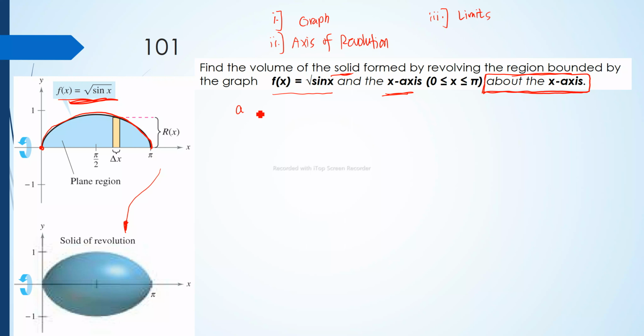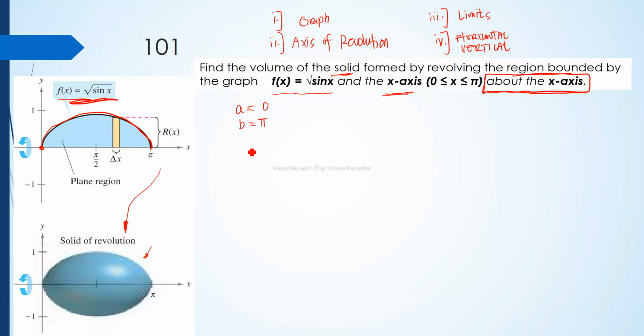So our limits here are a equals 0 and b equals pi. Then determine which strip you are going to use, is it horizontal or vertical? For this one, it is horizontal. Now if you revolve this, then we arrive with this solid of revolution.